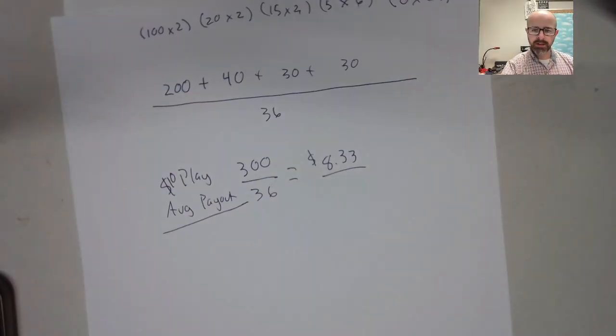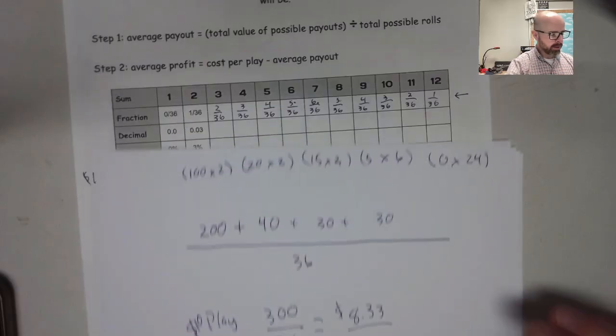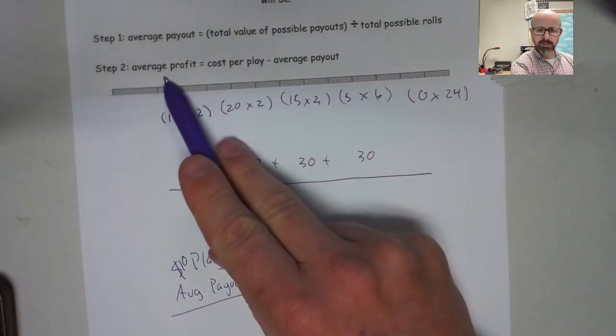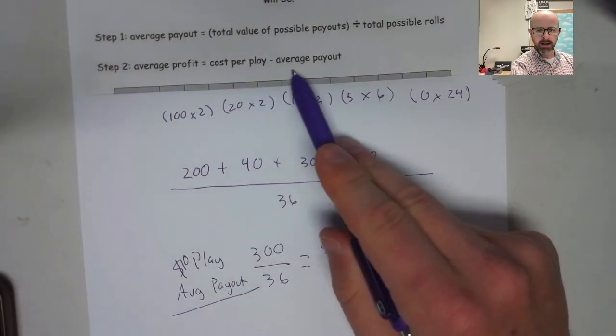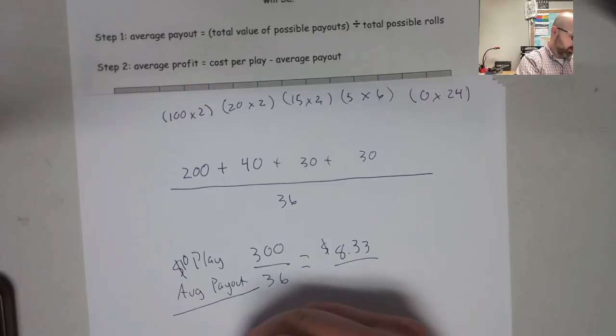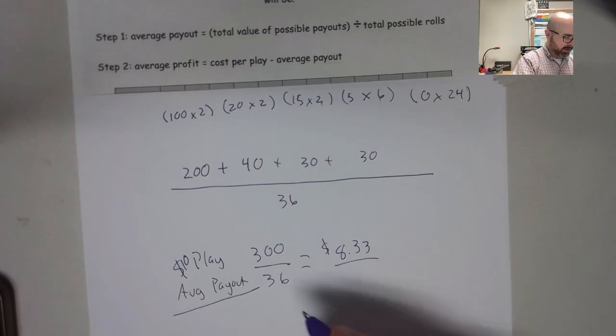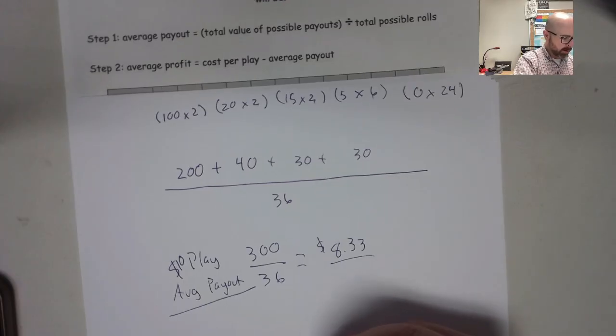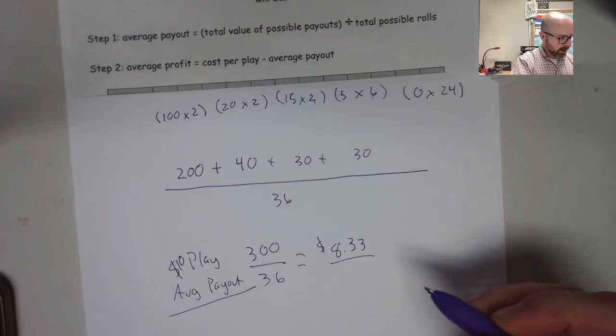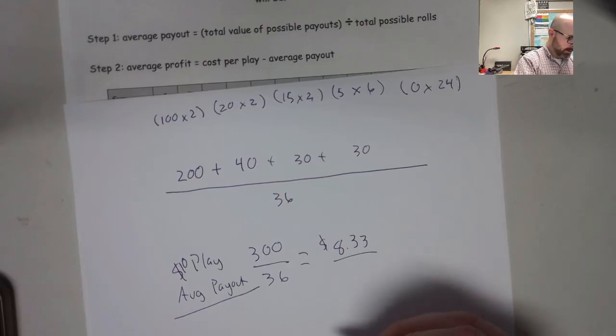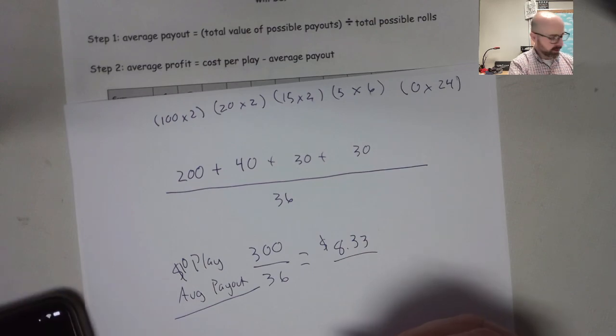Awesome. Well, it's a $10 play, right? So now let's look at this. My average profit is my cost per play minus my average payout. So profit equals cost per play, $10, minus average payout. And that's going to get me, I think, 1.67, doing it in my head.